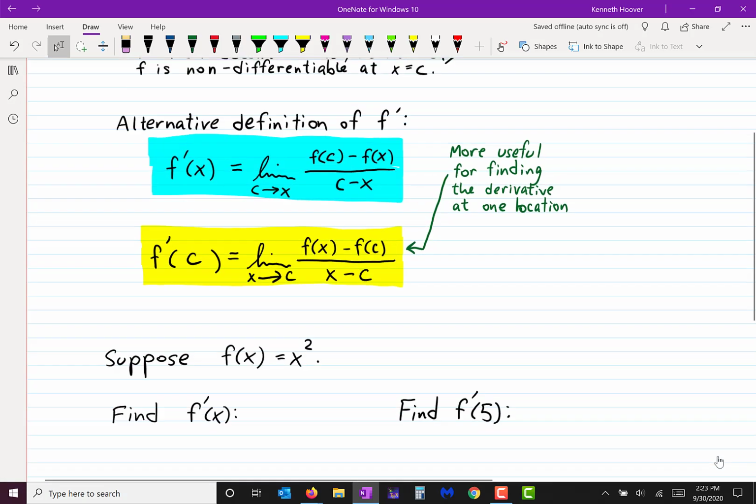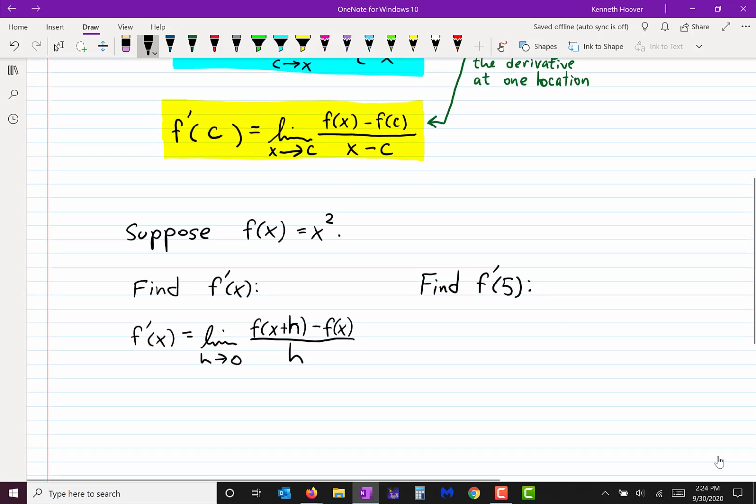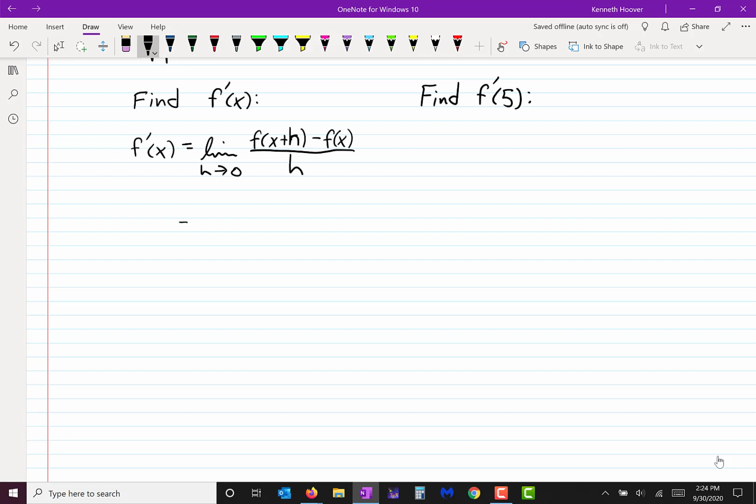I would write this. f prime of x equals the limit as h goes to 0 of f of x plus h minus f of x over h, which equals the limit as h goes to 0 of (x plus h) squared minus x squared over h. And simplify.